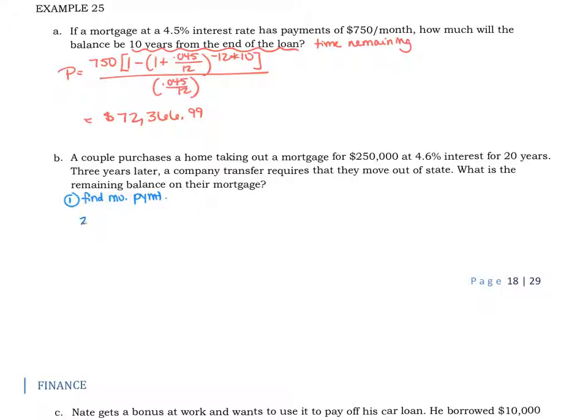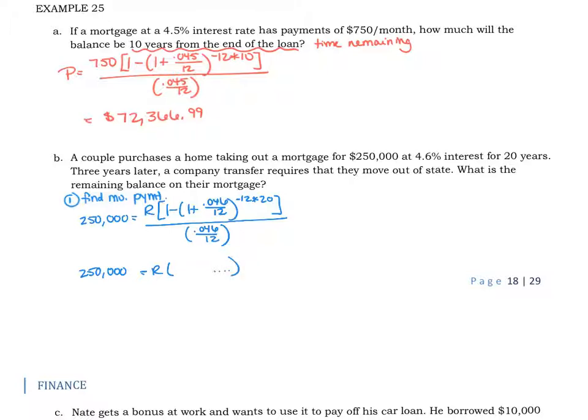So initially, they borrowed $250,000. We're going to figure out their regular payment, and that was at 4.6% interest, and that was a 20-year mortgage to begin with. So again, you're going to have a number times R. Whatever that number is, don't round.